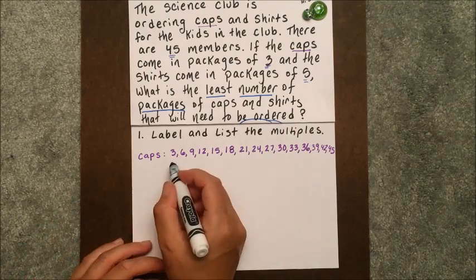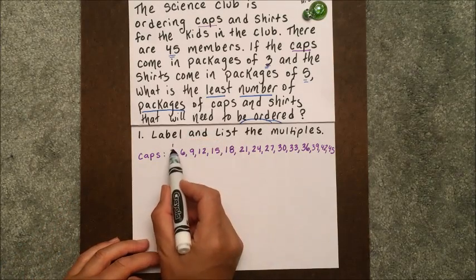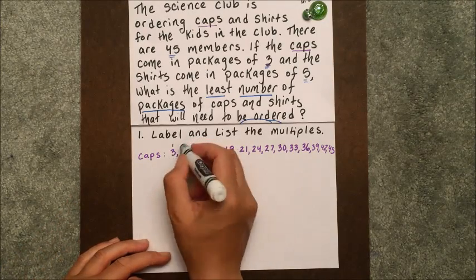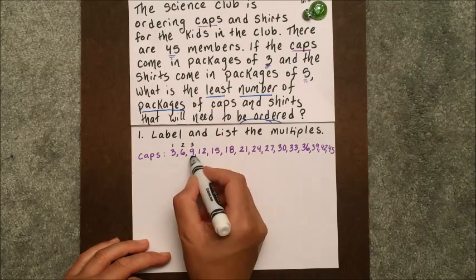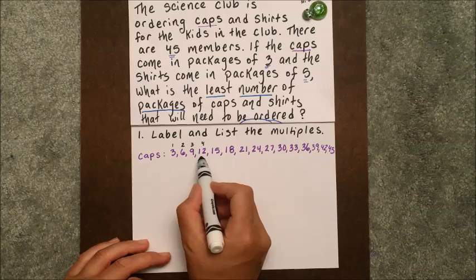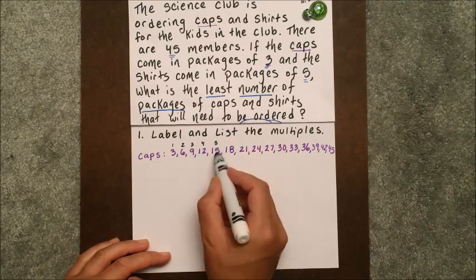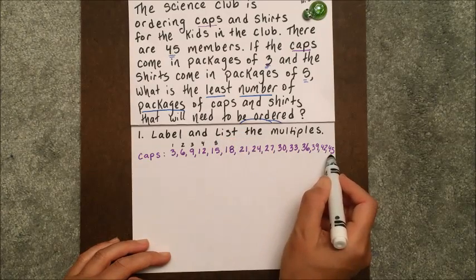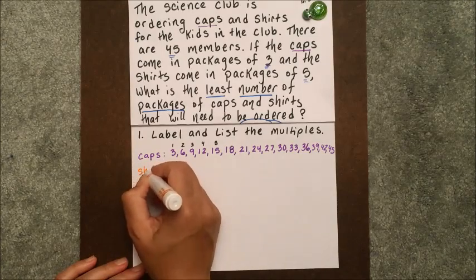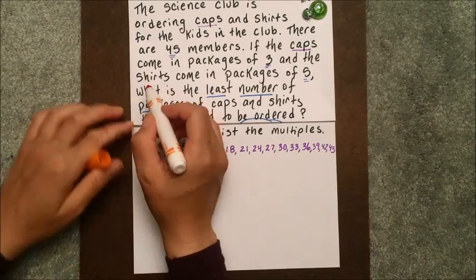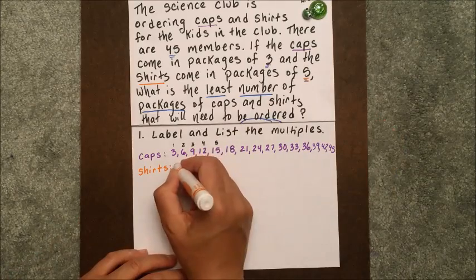Okay, but each group, so one package will have 3 caps, 2 packages will have 6, 3 packages will have 9, and so on. So even though you're listing the multiples, it's grouped by how many of that item is in a package.